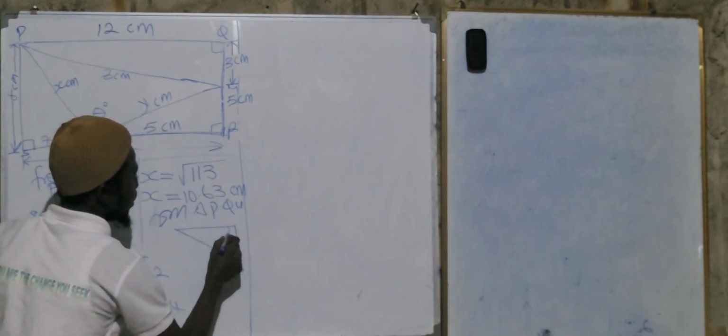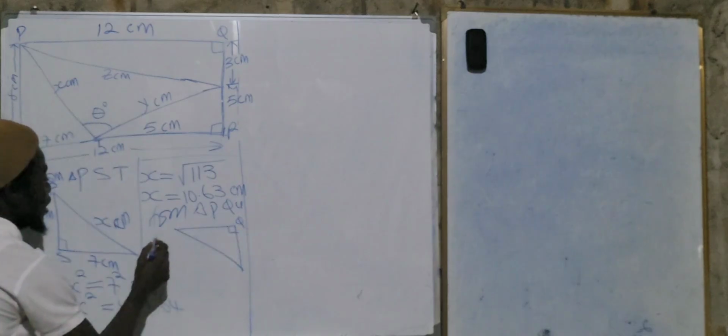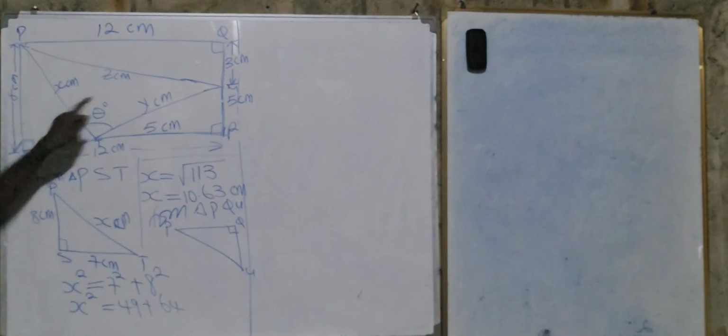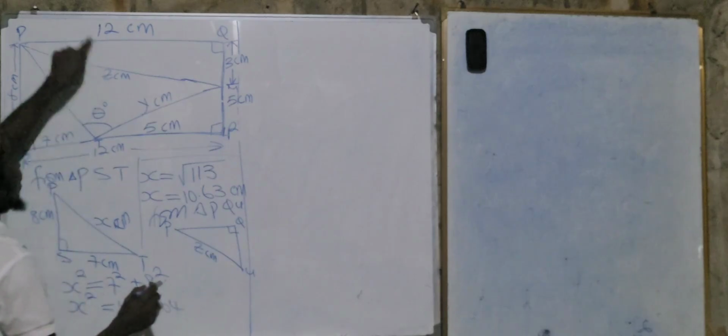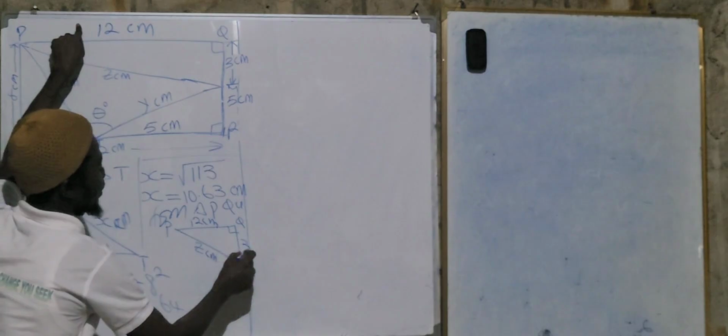And here you have 90 degrees, right? And here is Q, here we have P, and here we have U. For the hypotenuse here, we have Z centimeters. And here we have 12 centimeters, and here we have 3 centimeters.